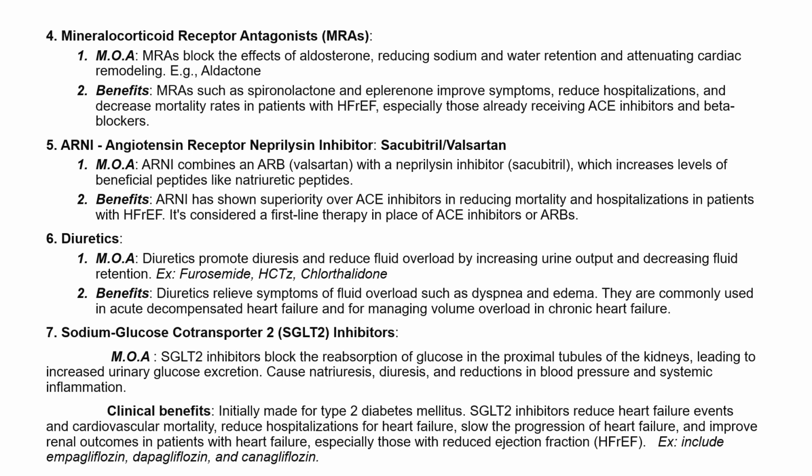Then the new agents, the angiotensin receptor neprilysin inhibitors like sacubitril and valsartan, increase these beneficial peptides. Remember, we said in heart failure there will be increased production of atrial natriuretic peptide, especially in dilated cardiomyopathy, in response to increased volume of the ventricles and the atria. They are produced in dilation of the atria.